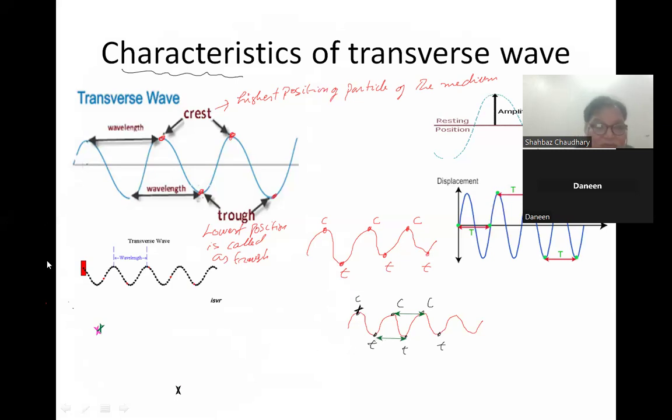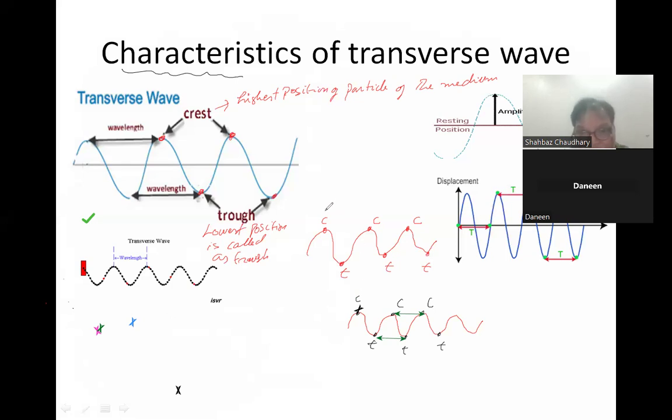The distance between two consecutive crests or troughs is called a wavelength. Look, not from this to this, but between consecutive, adjacent ones. The distance between two adjacent crests or troughs.